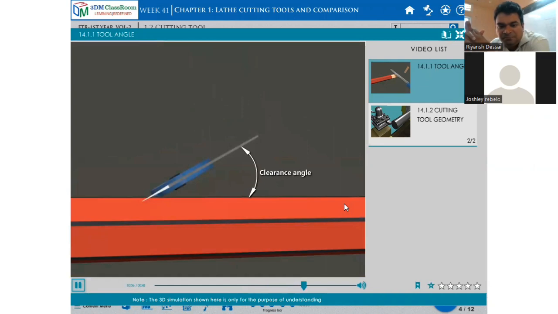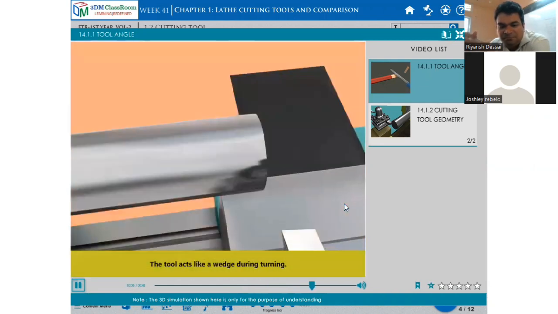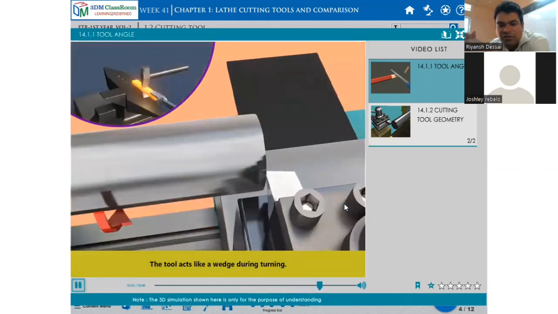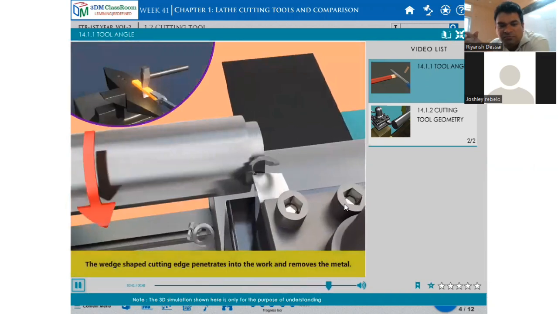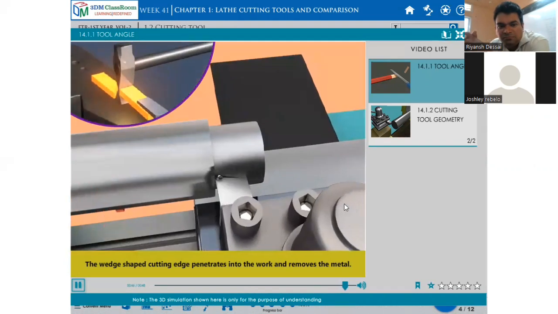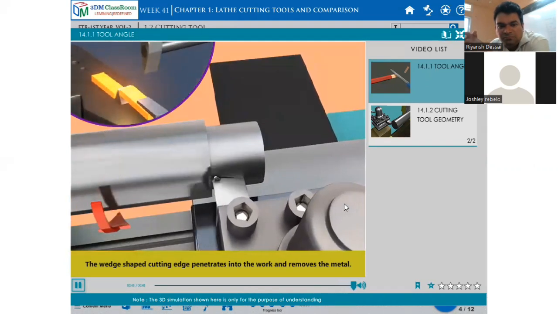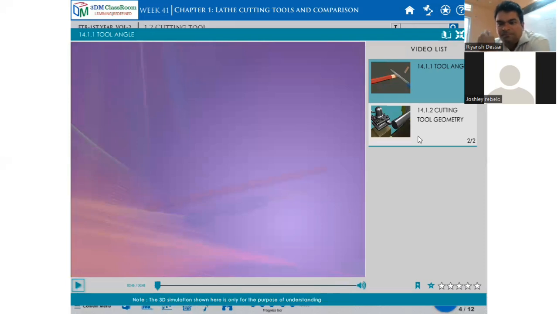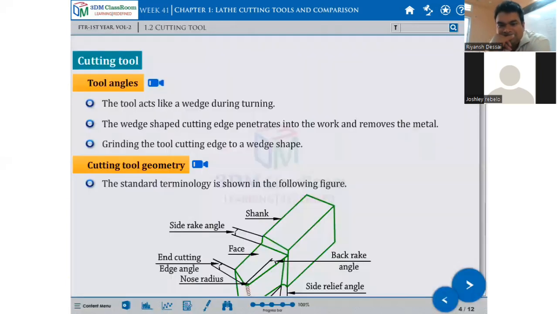This is the clearance angle. The tool acts like a wedge during turning. The wedge-shaped cutting edge penetrates into the work and removes the metal. The tool cutting edge is ground to a wedge shape.